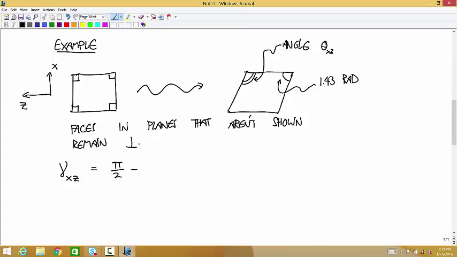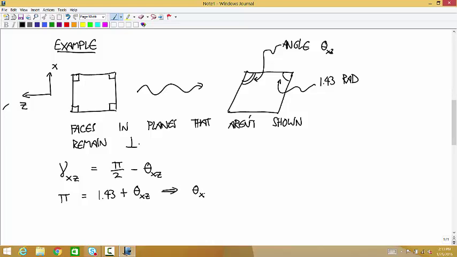Oh yeah, right. I was doing it for 3. But let's not approximate pi as 3. That seems a little excessive. Okay, so all right, so pi is equal to 1.43 plus theta xz.